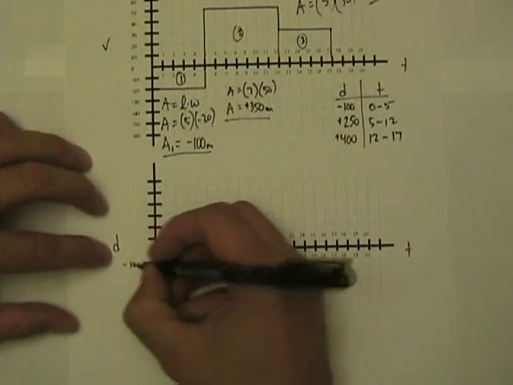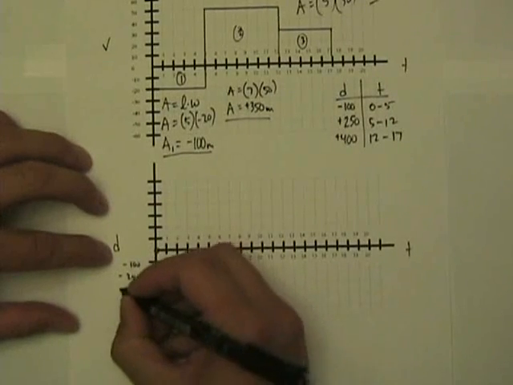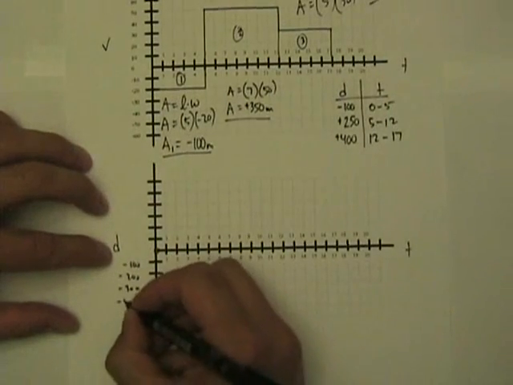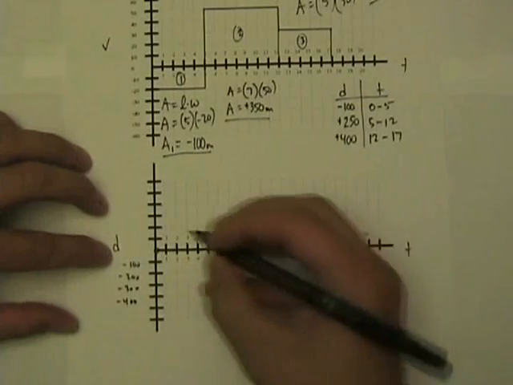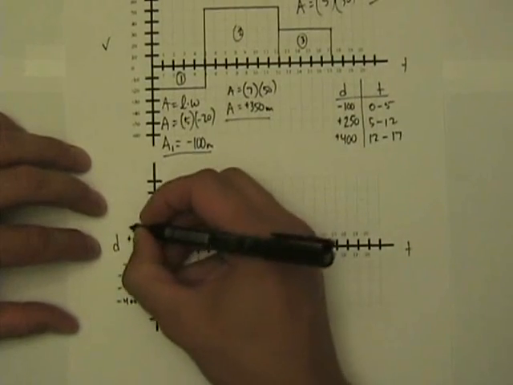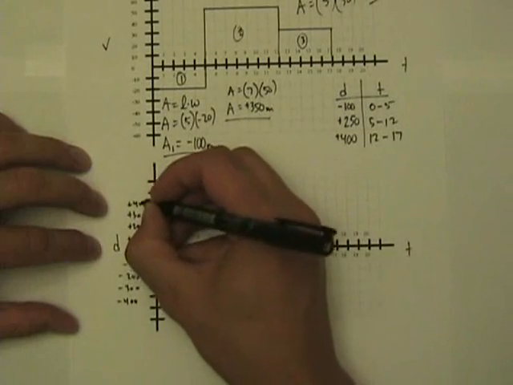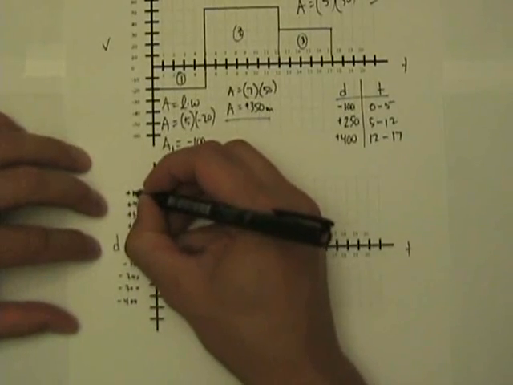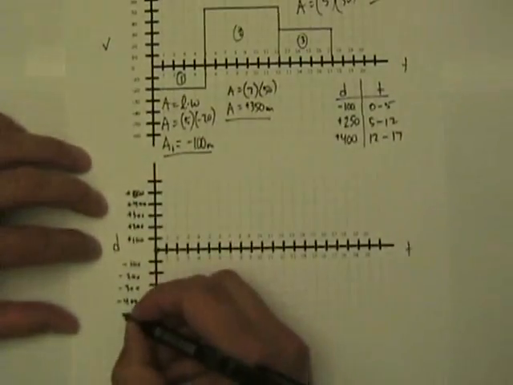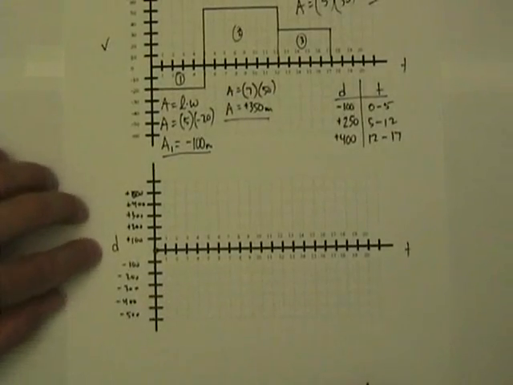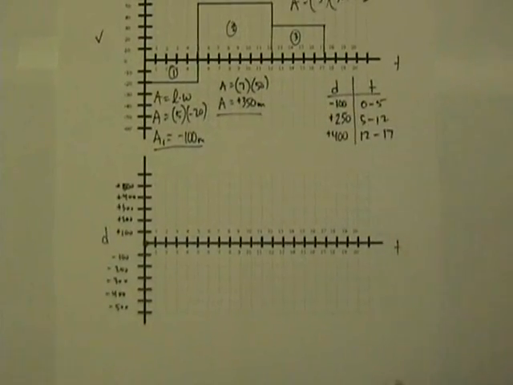I'll go minus 100, minus 200, minus 300, minus 400. And for this one, I'm going to go positive 100, positive 200, positive 300, positive 400, and I guess I'll go positive 500 here, negative 500. Don't know if I need it. Well, I know I don't need it because there's only 400.